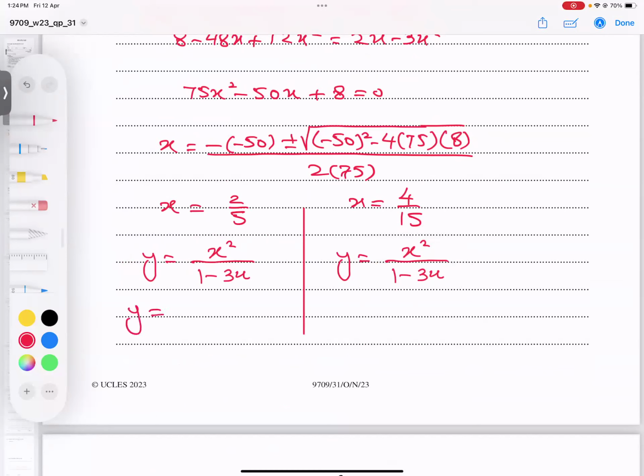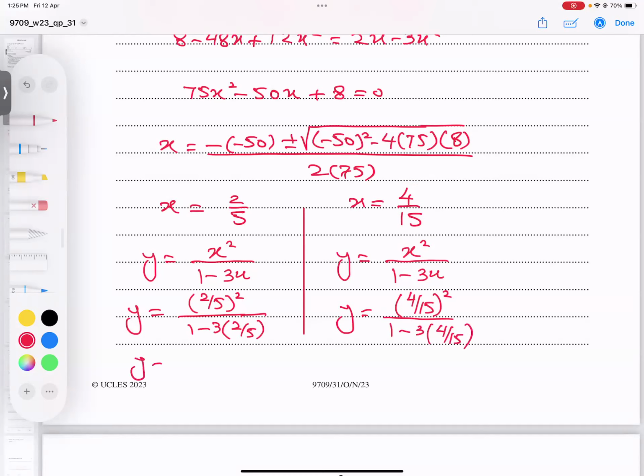y is equal to 2 over 5 whole squared over 1 minus 3 times 2 over 5. Same approach here. So this 4 over 15 will come for both x values. So 4 over 15 to power 2. Simple, type in the calculator.